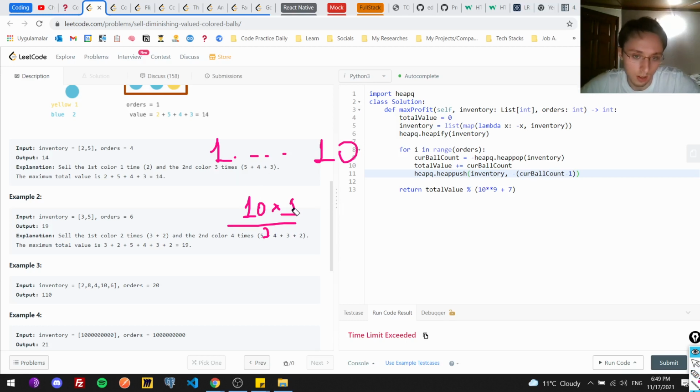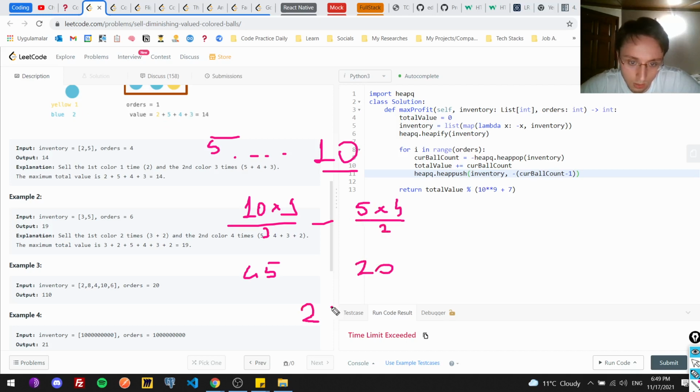And minus 5. If you want from 5 to n, 5 to 9, right? If you want 5 to 9, this is 45. 5 times 4 divided by 2 is 20. You have 25 there, right? So 5, 6, 7, 8, 9, 10.